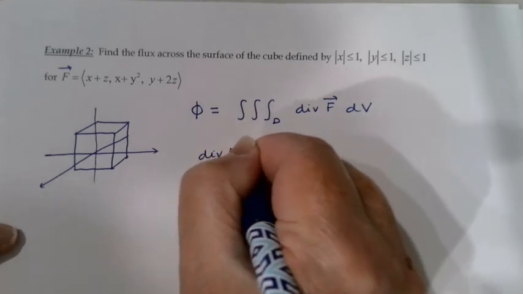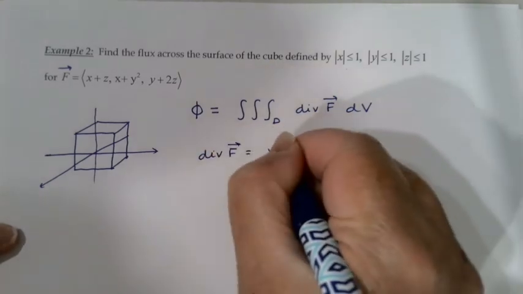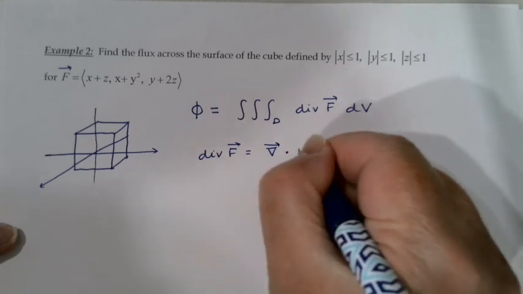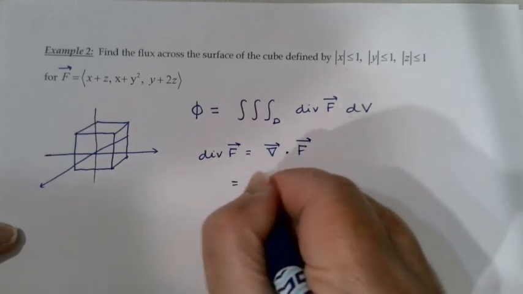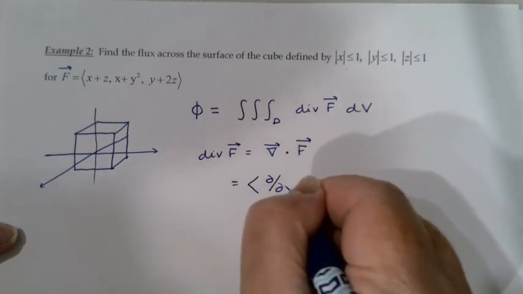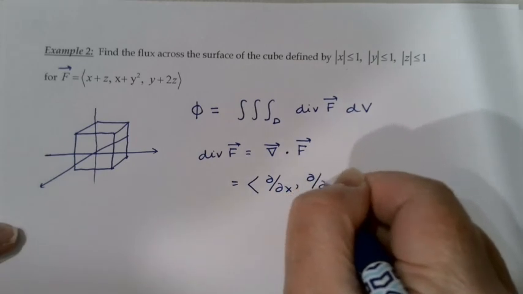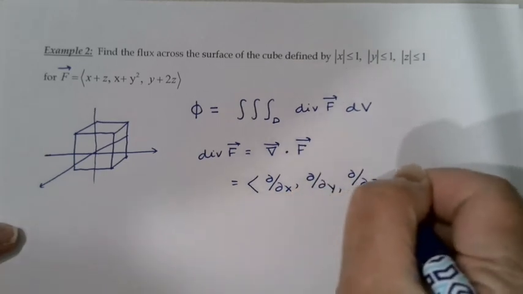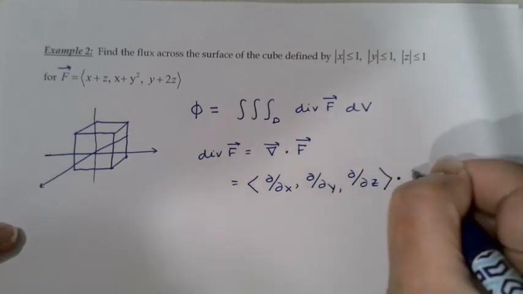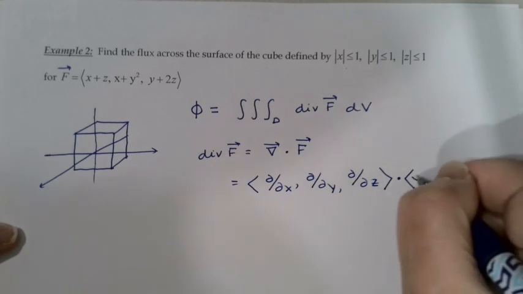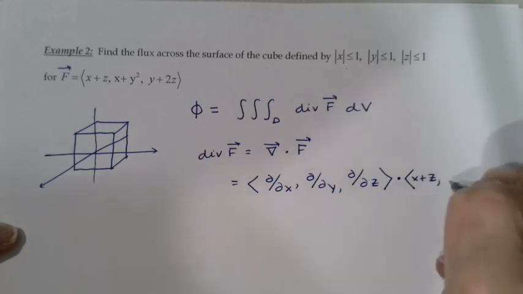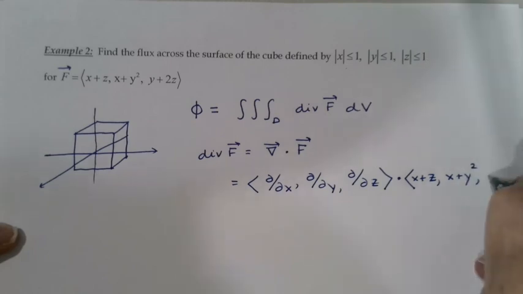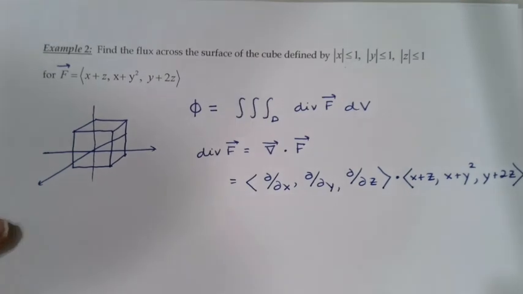The divergence of F is the gradient operator dot product with F, like so.